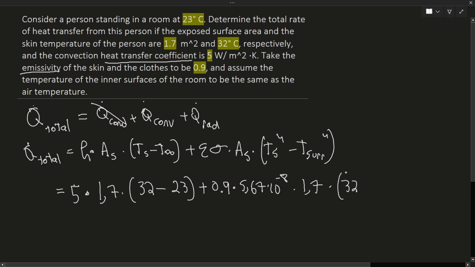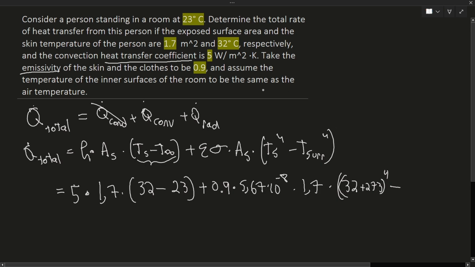However, over here, you're just taking the difference. So it doesn't matter if you're doing Celsius or Kelvin, it's going to be the same thing. But since here it's the power 4, it does matter. It has to be in Kelvin, okay? Plus 273 to the power 4. Minus. Now, usually T surrounding, you would be taking the temperature of the room, walls, or the floor, something like that.